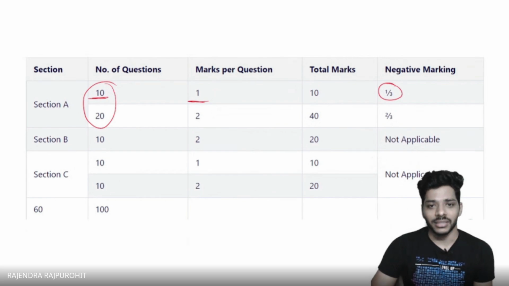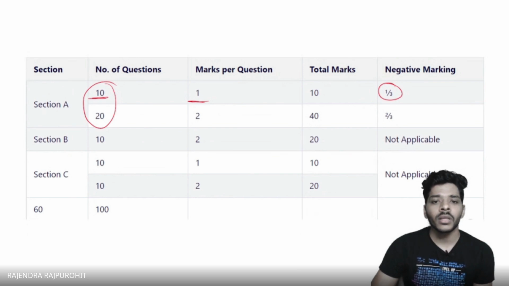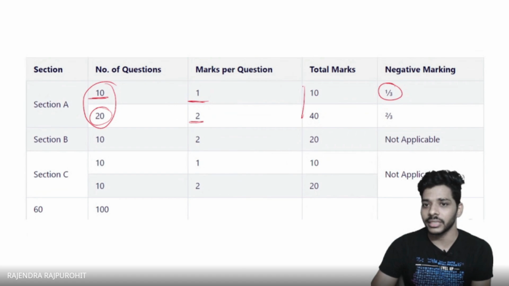If you do 3 incorrect, then your 1 correct is gone with them. And there are 20 questions in Section A which each carry 2 marks, so this section contributes 50 marks in your exam.